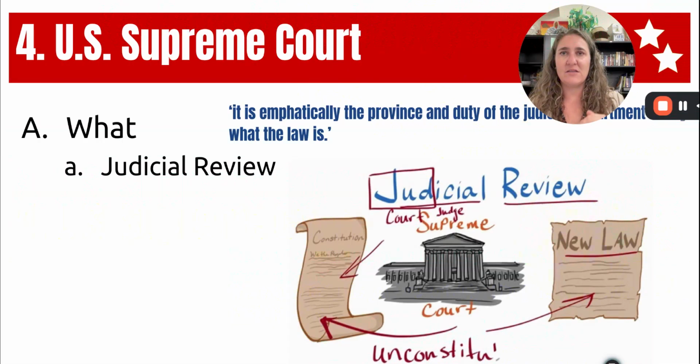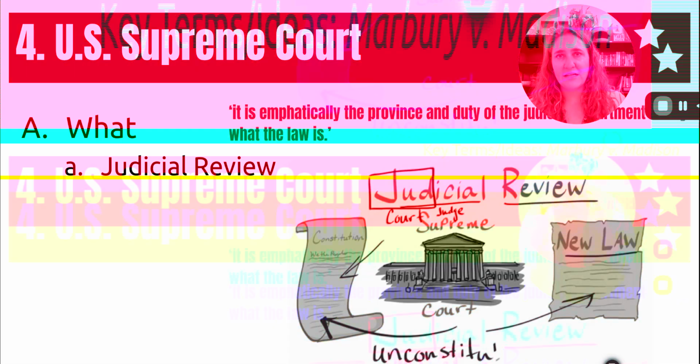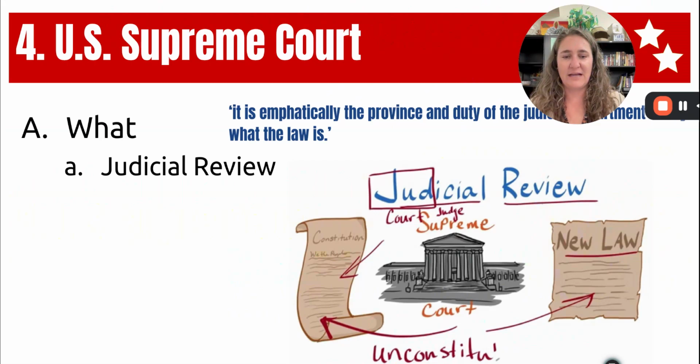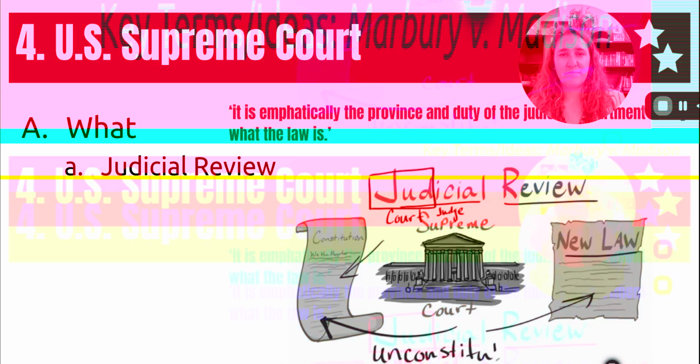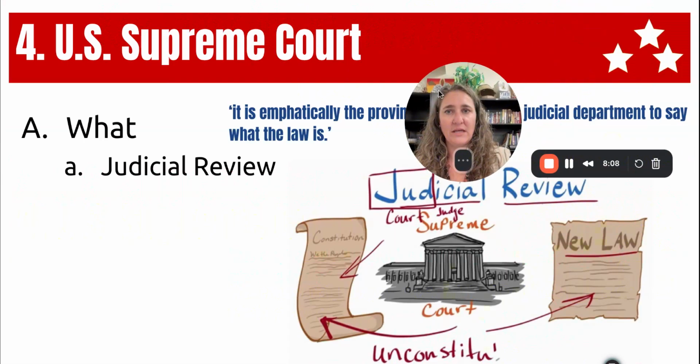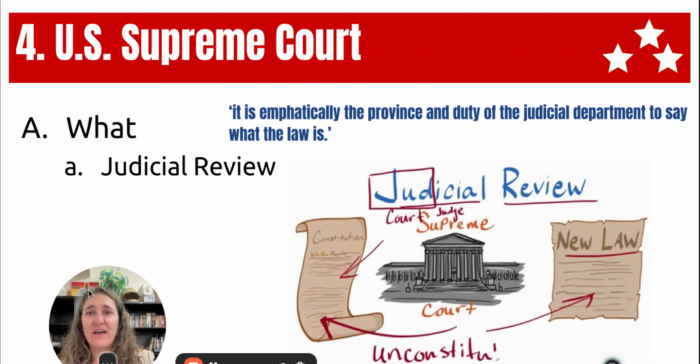This says that the court can declare any act of Congress, or law that Congress has passed, void if it's inconsistent with the Constitution. You can see in this quote, "It is emphatically the province and duty of the judicial department to say what the law is." This is a line directly from Marbury versus Madison.